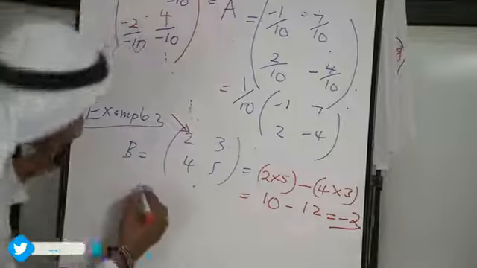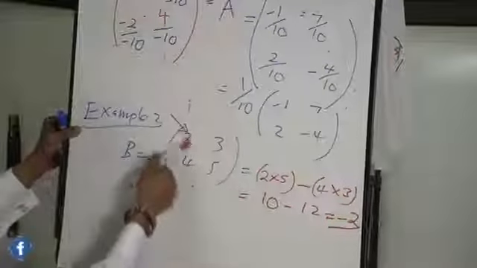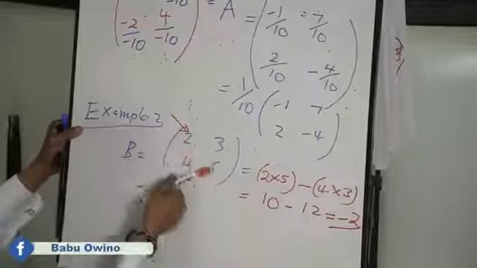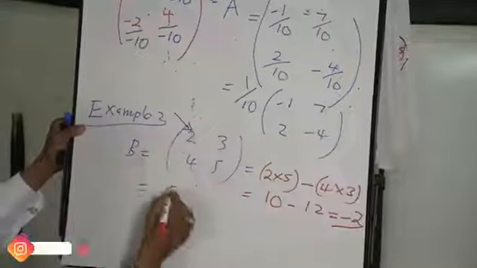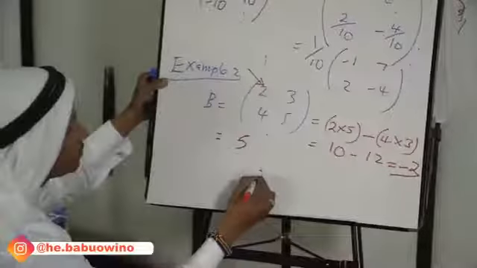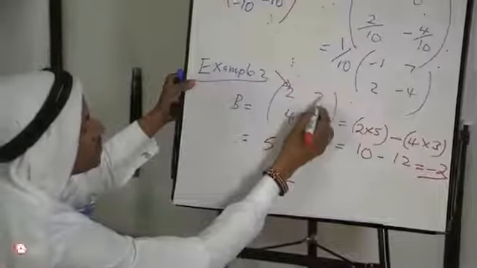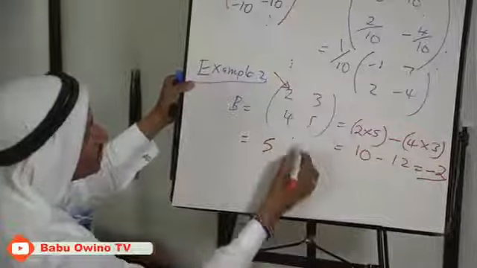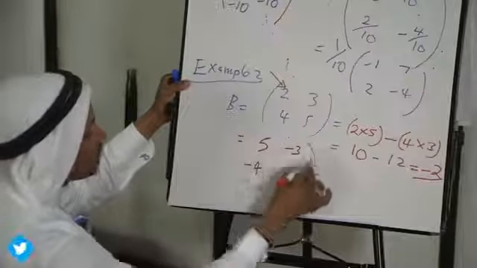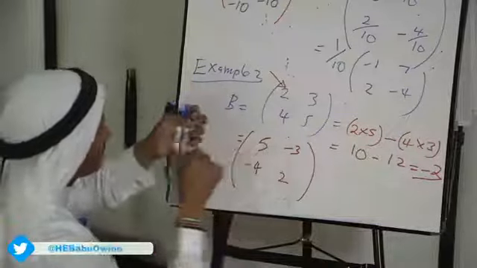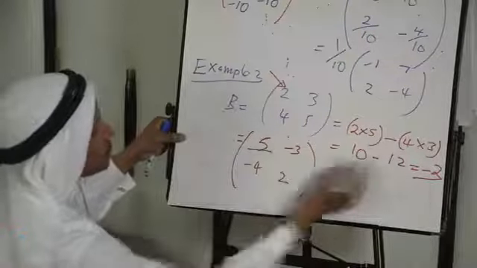After that, whatever is along the leading diagonal, swap them or interchange them. So 5 comes up here, 2 goes down. Then whatever is here, change the signs. So this becomes minus 3, this becomes minus 4. Then whatever you get, just divide by the determinant, which is minus 2.